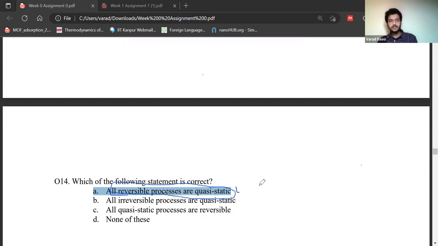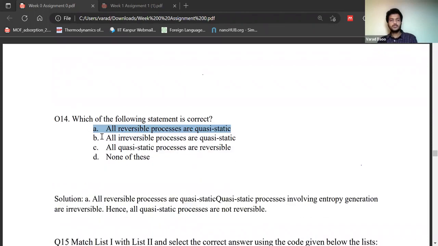This is correct. All irreversible processes are quasi-static processes. This is not true. We can have it, but it is not a necessary condition. All quasi-static processes are reversible processes. This is not true. All reversible processes are quasi-static, but not all quasi-static processes are reversible. So this is correct, however this is not correct. Okay. So the answer is option A.